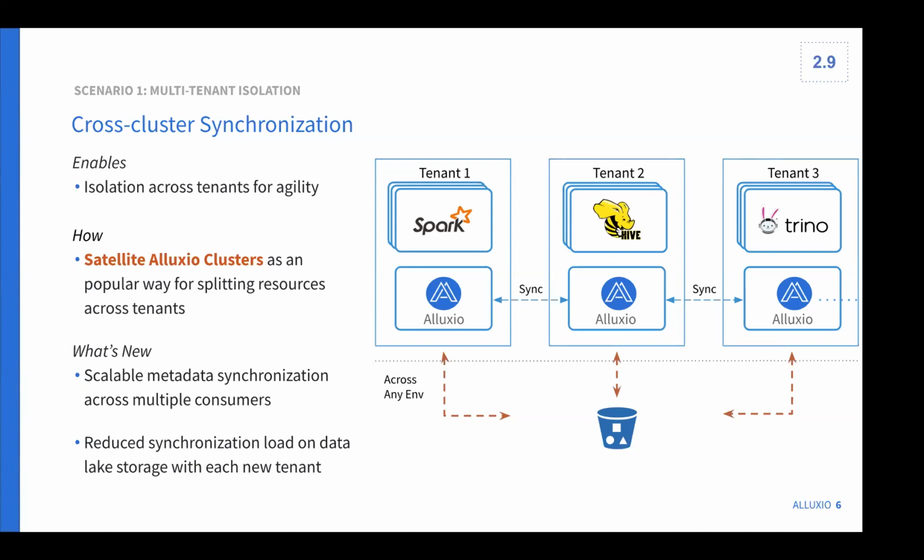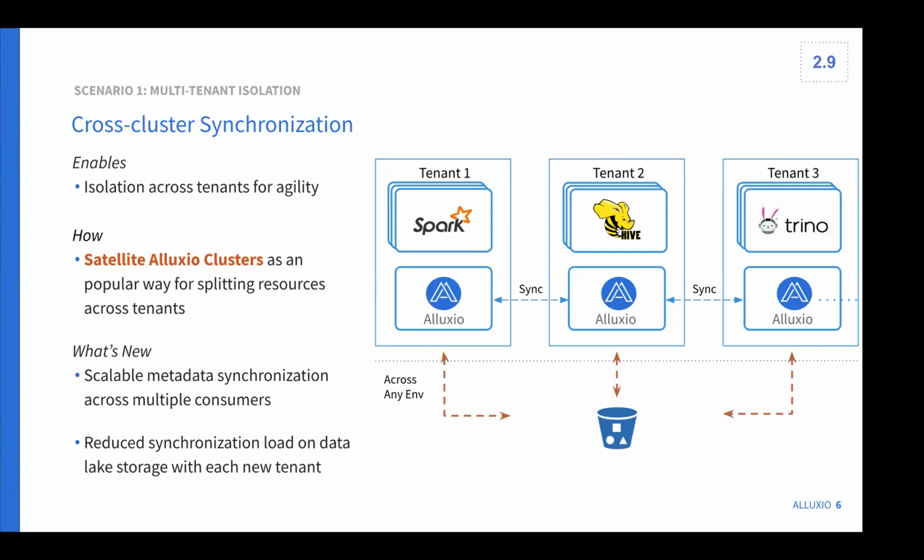Now, the natural question that may come to mind is that Alluxio does maintain a copy of the metadata which is being accessed by each tenant. So there is an aspect of Alluxio having to maintain the consistency of this metadata, and especially once you are operating multiple clusters of Alluxio with overlapping namespaces, there is overlapping metadata across these different instances of Alluxio.